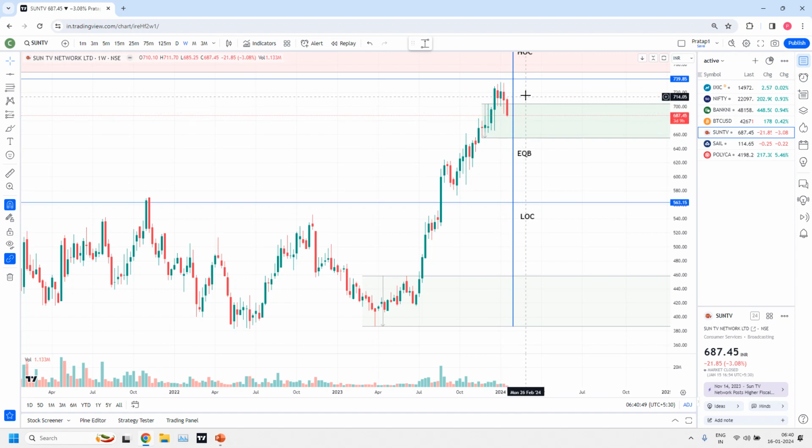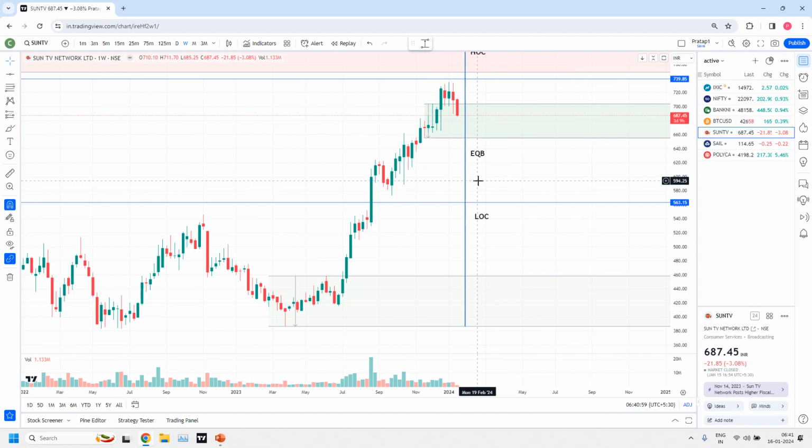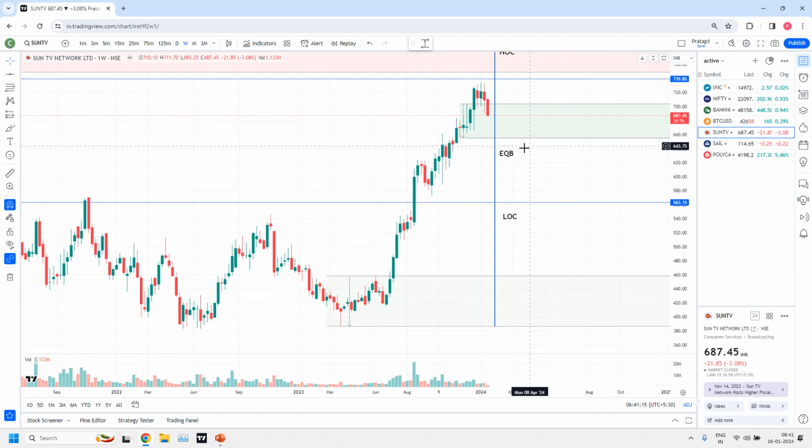The moment it is entering the zone, it indicates the price direction will be changed. So we can assume that the weekly time frame, that means the ITF, now has price direction demand zone to supply zone. That way we can conclude at this point of time.